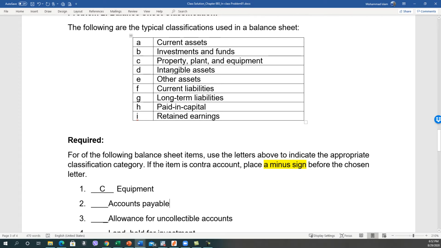What is accounts payable? See that accounts payable is current liabilities, correct? So this is an F. Then we have allowance for uncollectible accounts. This is a contra asset. So what we need to do is use a minus sign before A, current assets. It means that this is a contra current asset.